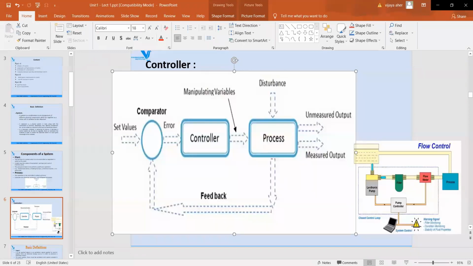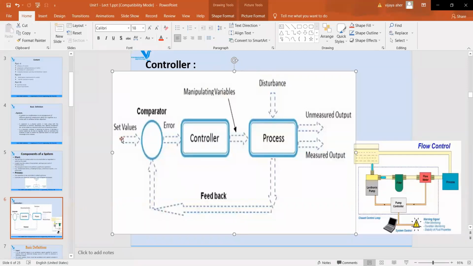Now let's see the block diagram. In this block diagram of the control system, there is a process, there is a controller, and there is a comparator. And this control system is with feedback. This is your comparator. This is your set point value, or set point variable.